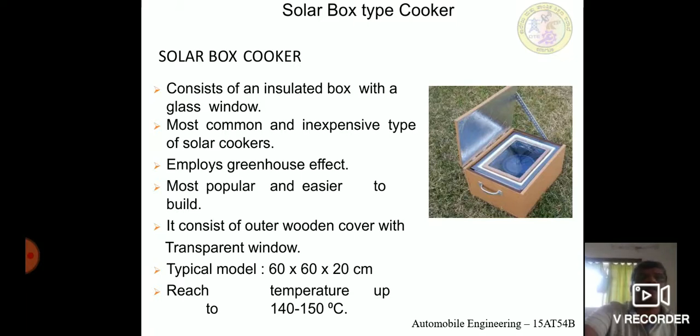This is the most popular, easier to build, and inexpensive, where the temperature can rise up to 140 to 150 degrees centigrade, and even after cooking we can keep the food in there itself to retain its heat, so that for a longer period it will be very hot.